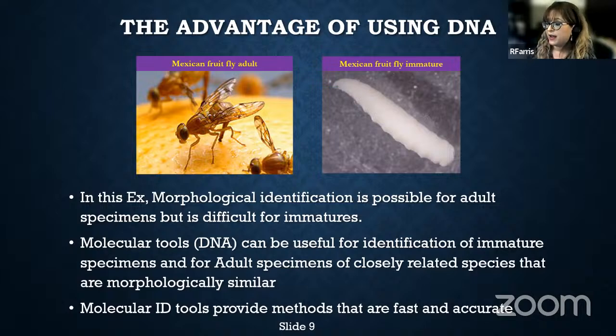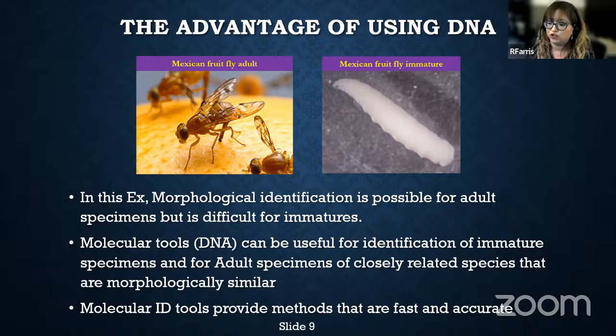What I'm showing in this example is that morphological identification, which is identification based on the outer appearance, the physical characteristics, is possible for this fly, but you still have to have some expertise.